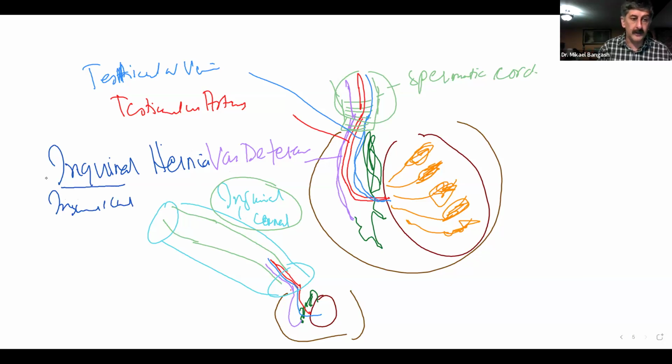What the word hernia means is some sort of protrusion of a structure. What may usually happen in an inguinal hernia is that loops of the intestine may pass through the inguinal canal into the scrotum.